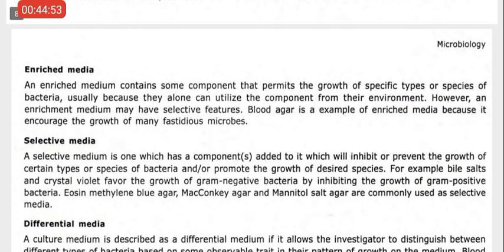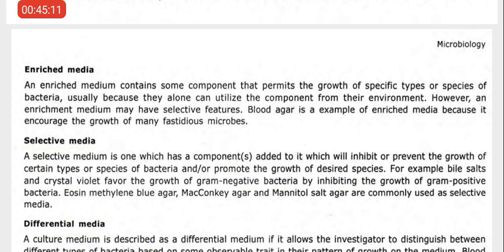Then enriched media. An enriched medium contains some components that permit the growth of specific types or species of bacteria, usually because they alone can utilize the component from their environment. However, an enrichment medium may have selective features.